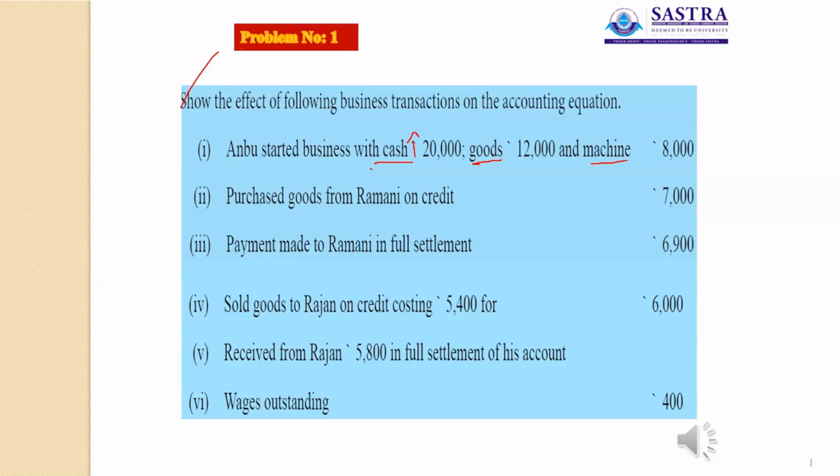Then another one is stock account, stock is also increased. Then machinery account, that is also increased. Then capital, since they started the business, we have to use the name of the capital. So capital is also increased.